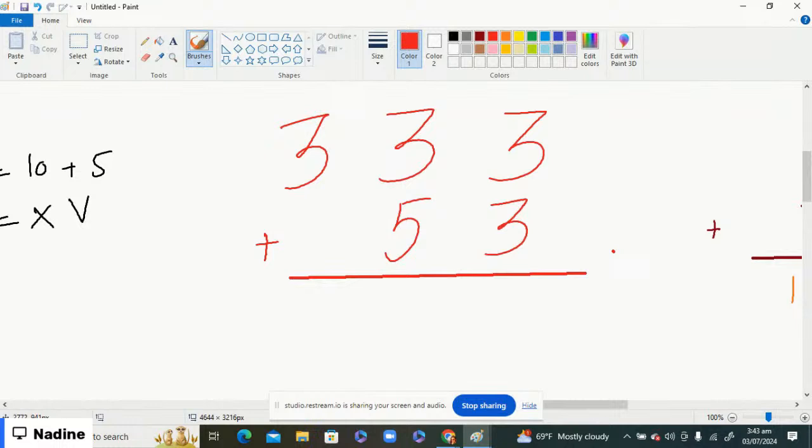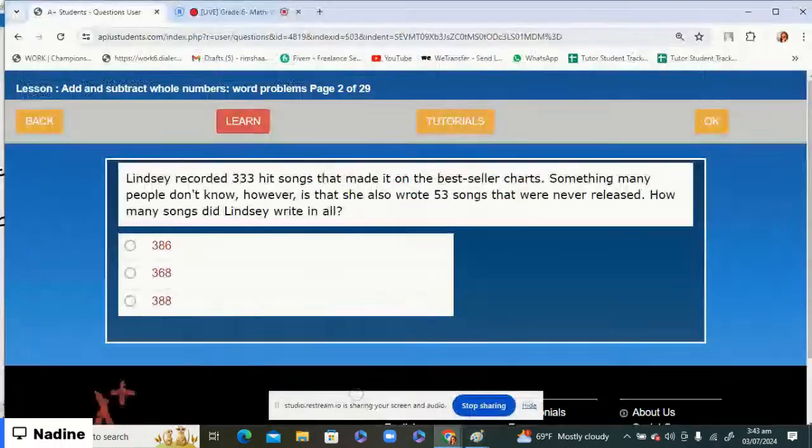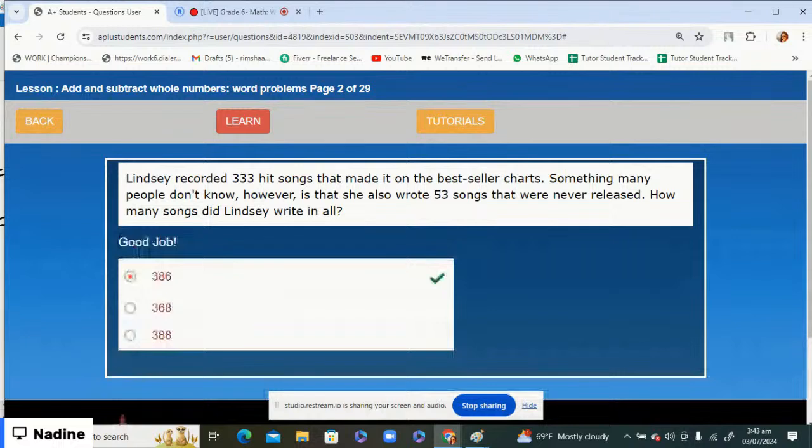Now 3 plus 3 is 6, 5 plus 3 is 8, and 3 as it is. Got it? So it means that this one, 386. That is the right answer.